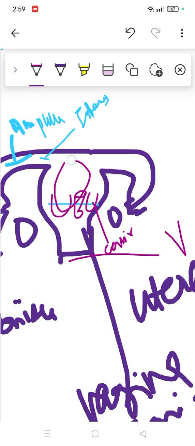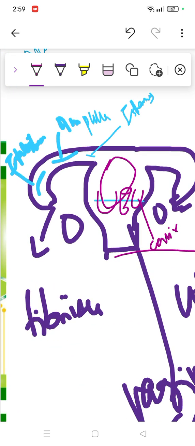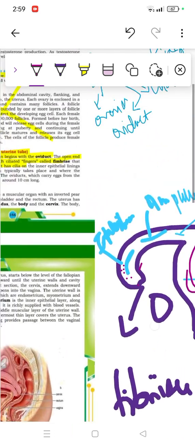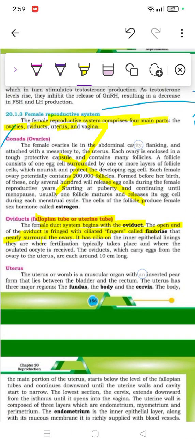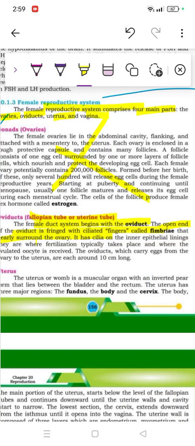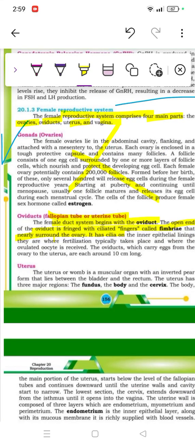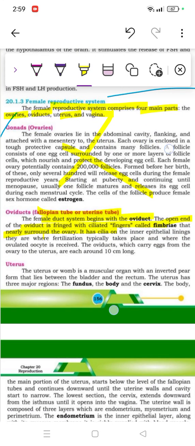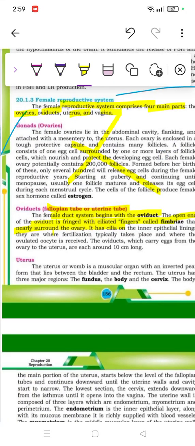In the uterus, here you'll see the baby, because when the egg is moved from here, we have an epithelial ciliated structure which has the movement. So here the sperm will be fused and the zygote will be formed. So I'm sure it's clear to you. So here comes the female duct system, which begins with the oviduct, and the open end of the oviduct is fringed with ciliated fingers called fimbriae, which nearly surround the ovary.